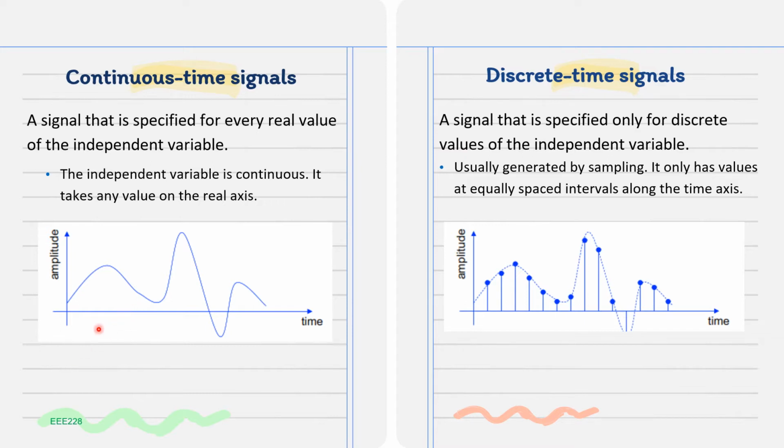For continuous time signals, that means for every value on the horizontal axis, there exists an amplitude value. And for discrete time, the signal only exists at discrete values of the time, right? So that's the difference between continuous time and discrete time.